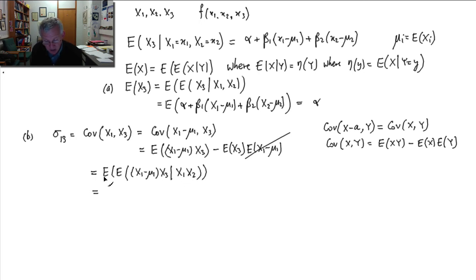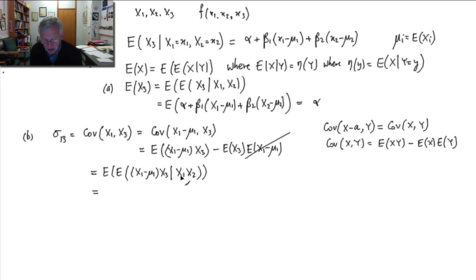And so this expectation is with respect to the joint distribution of x1 and x2. But inside here, this expectation uses the conditional distribution of x3 given x1 and x2. So in other words, it'll involve some sort of integral. You have to multiply by a conditional density of x3, given that x1 and x2 are fixed.